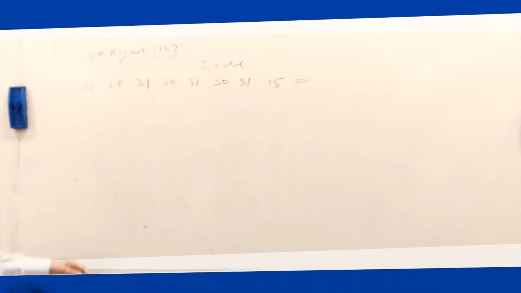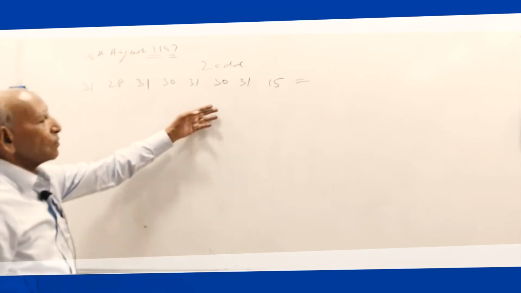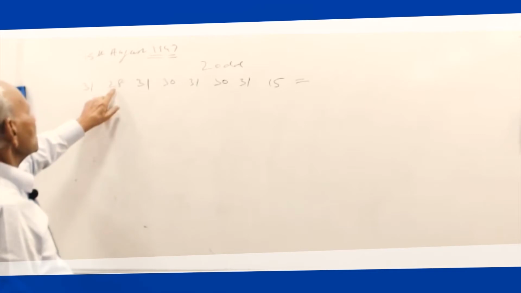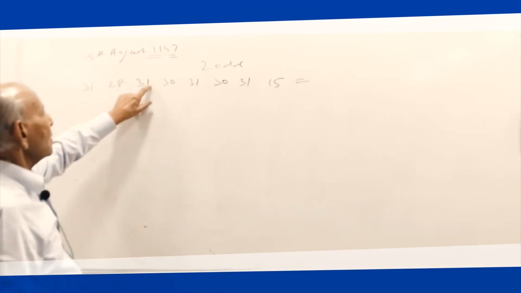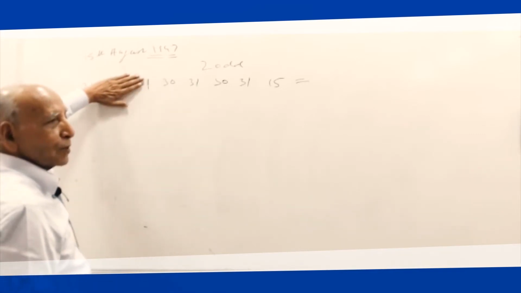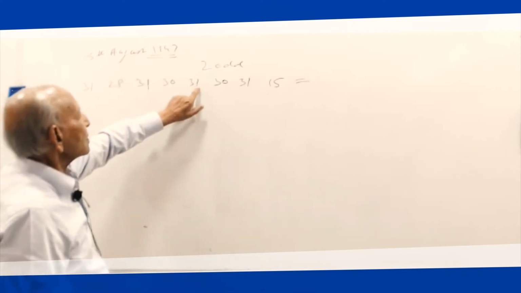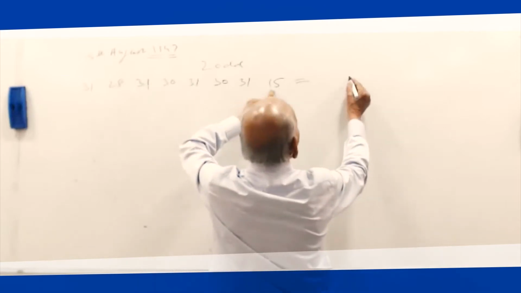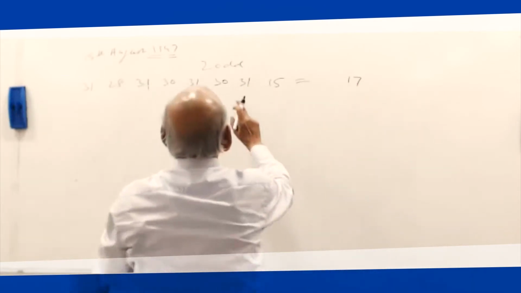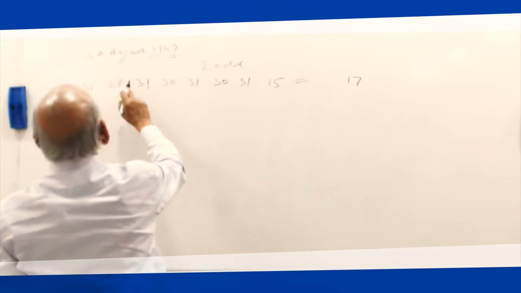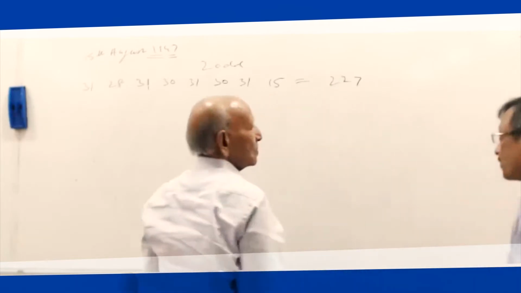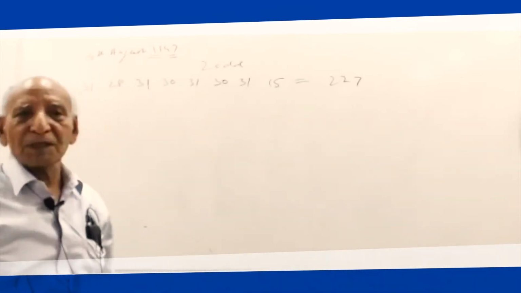I use some sort of shortcuts. So 2 days less, 1 day extra, 1 day extra, so 2 days are merged here. So 1 extra day, 1 extra day, 15 these days. So 17 days and plus these months, 1, 2, 3, 4, 5, 6, 7. So 210 and 17, so 227. So we are getting 227 days.